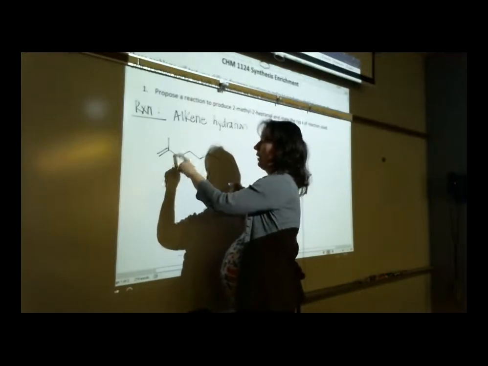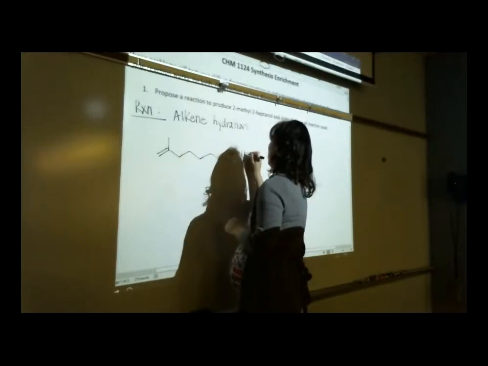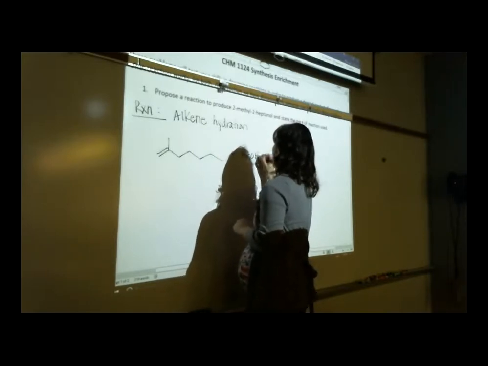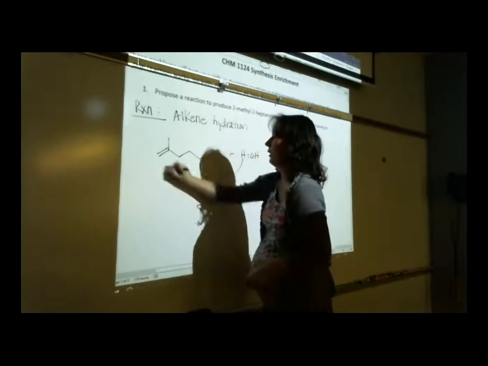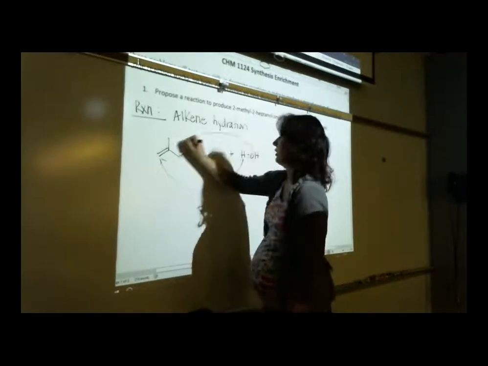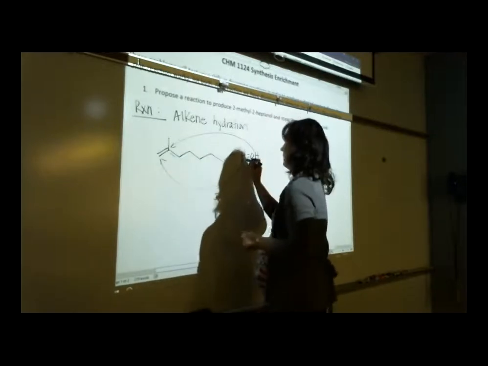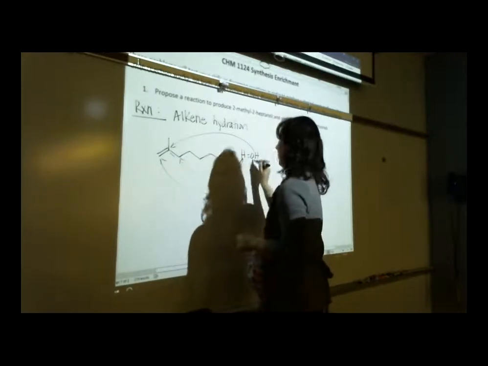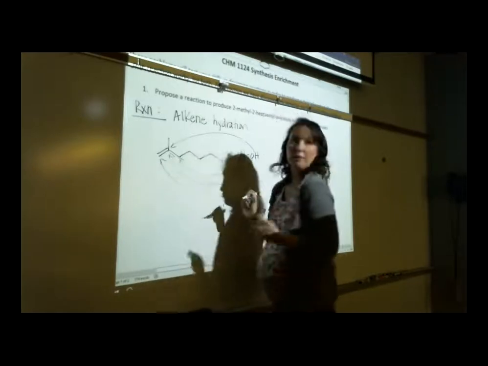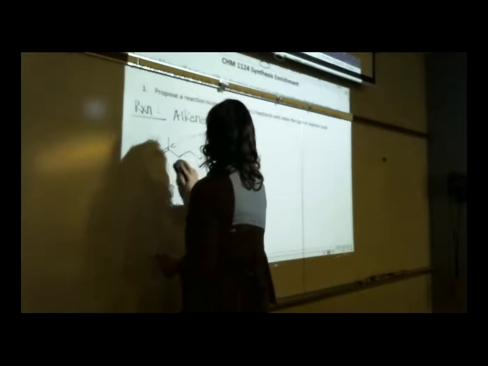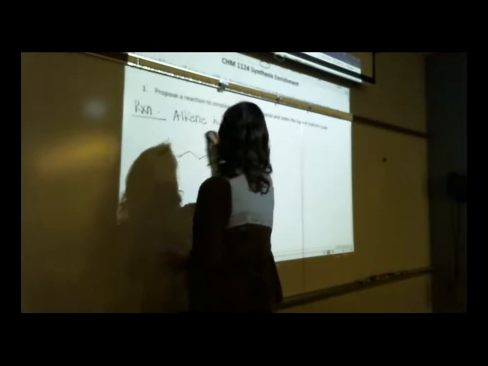It'd work either way, right? Because if you react this with H2O, the hydrogen's going to go here, and the OH is going to go here. If the double bond was here, you'd get the hydrogen going here, and the OH would still go there. So either one would work. You could have the double bond on the left, or on the right.